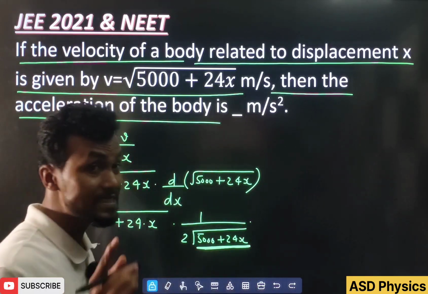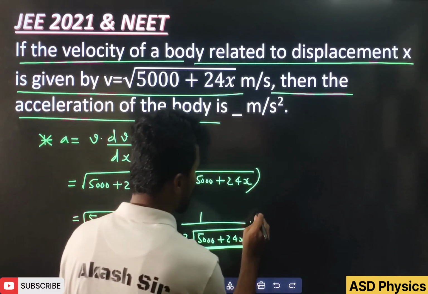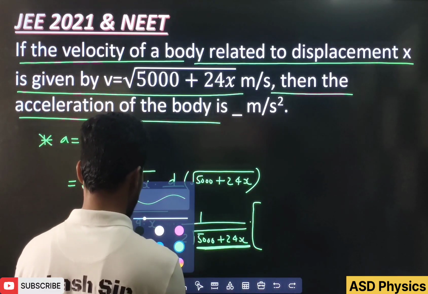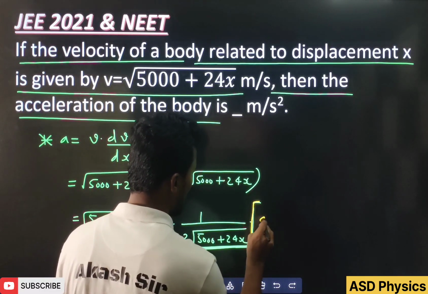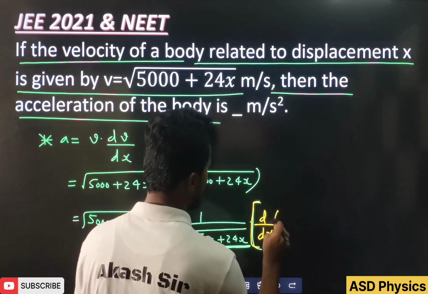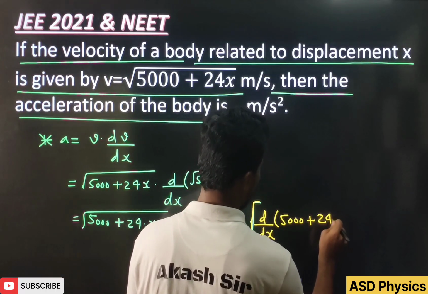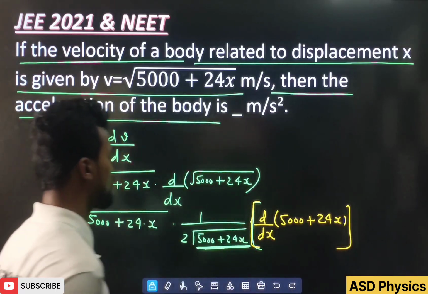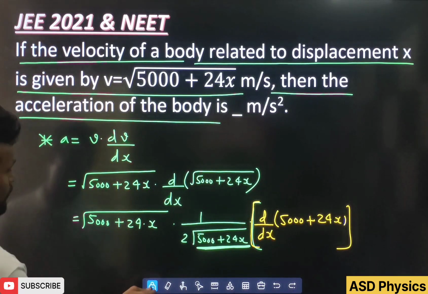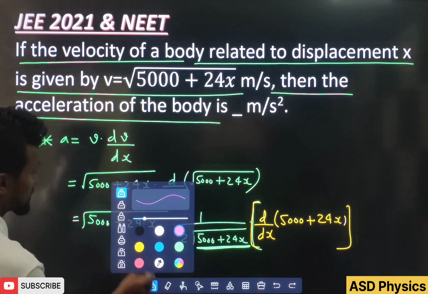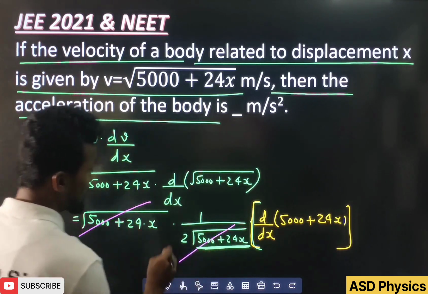If something other than x is inside, we have to differentiate it again. I am writing this with yellow color: d by dx of 5000 plus 24x. We have to differentiate again. So see here, this one and this one will cancel out.